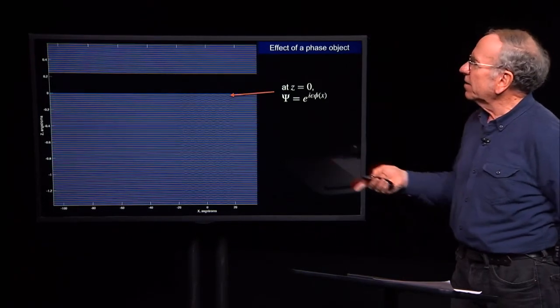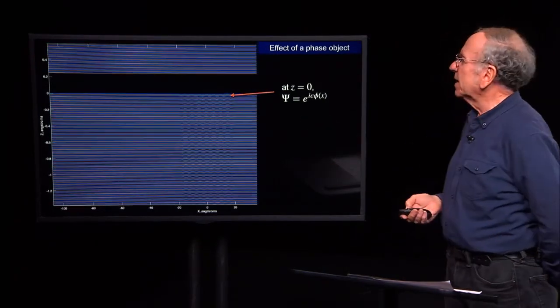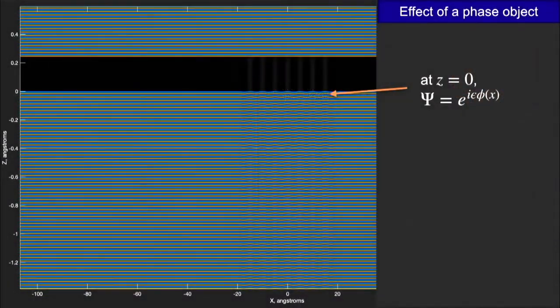To make it clearer, here it is with a different color scale. You can see the small electron wave perturbations due to phase acceleration and retardation in the object.